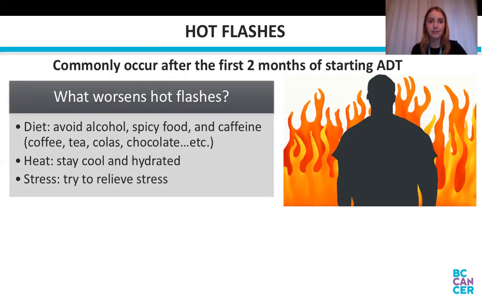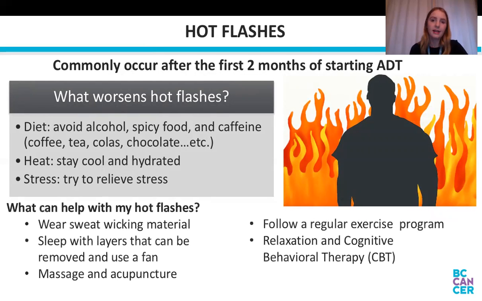Now, the best way to manage hot flashes is through diet, controlling heat, and eliminating stress where possible. And for your diet, it's best to avoid any alcohol, spicy food, and caffeine. Now, what are some things that can help with your hot flashes? For non pharmacological interventions, or things you can do without medications, this can include wearing sweat wicking material, following an exercise program.